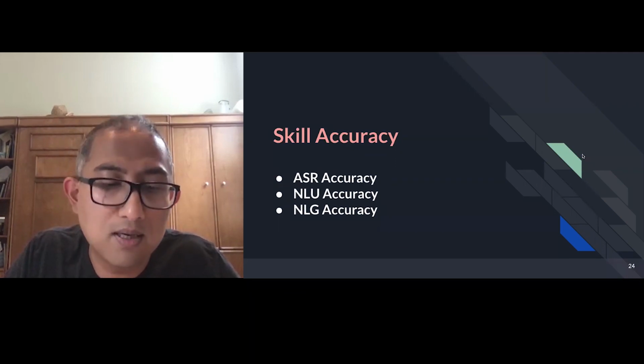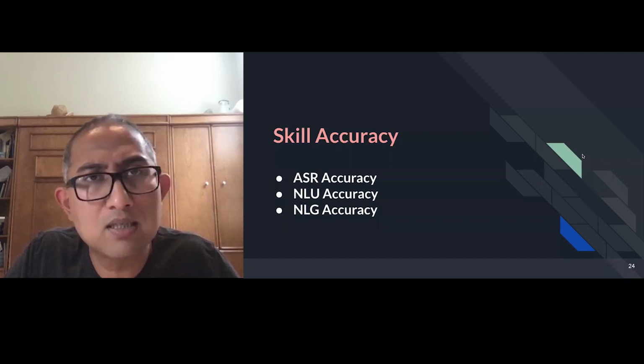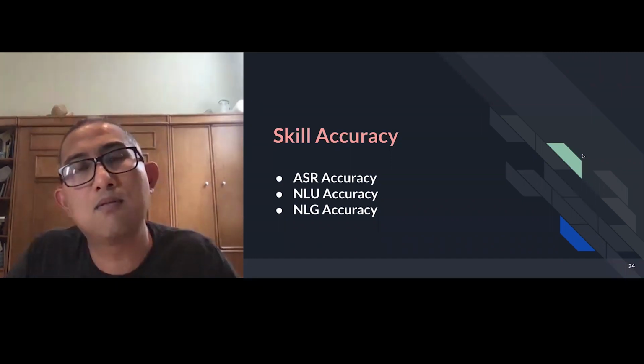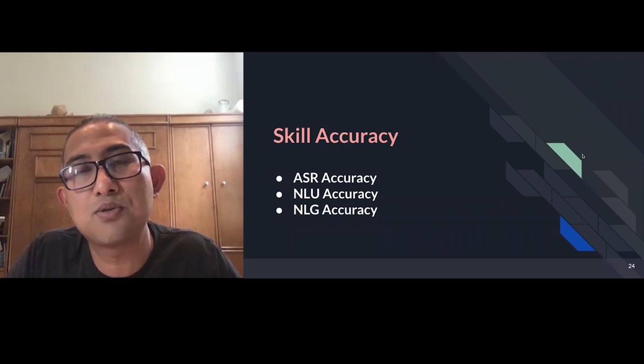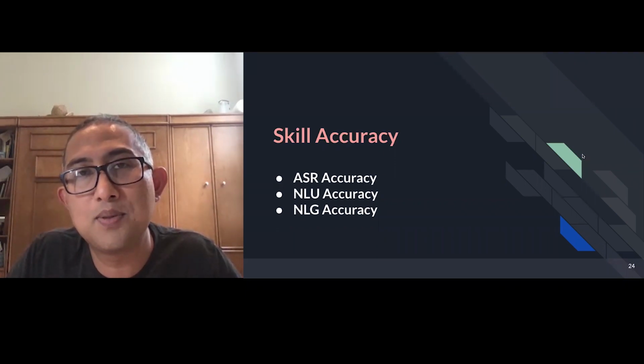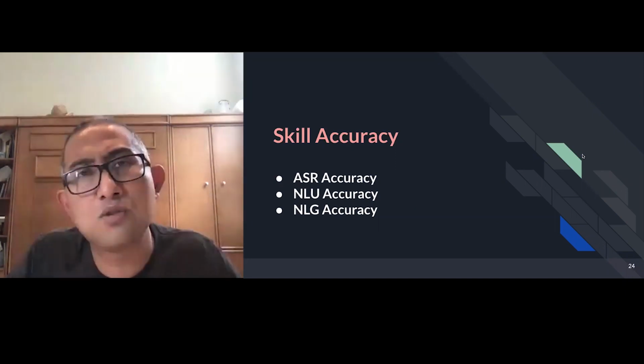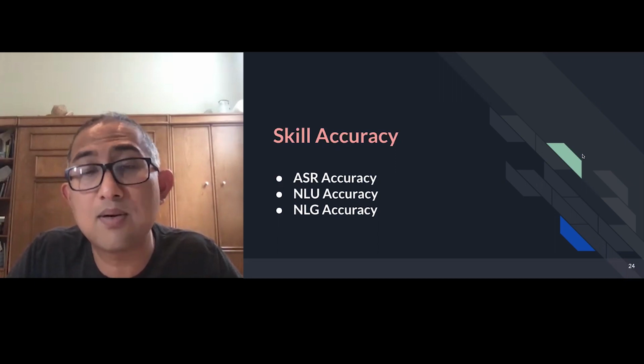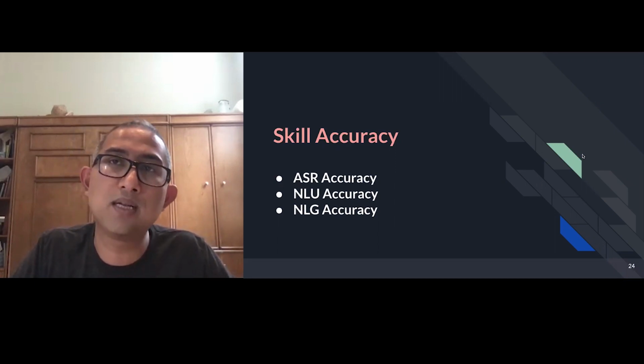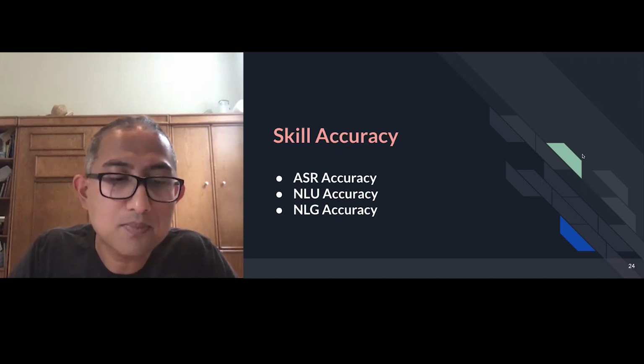Also, look at your custom slots. Right now, in the Greek or Indian restaurant example, there's only one slot, which was Greek or Indian. But you can also expand your slots to locations, like which location you want, Greek restaurant in the Bay Area. Those will help you build a better skill.